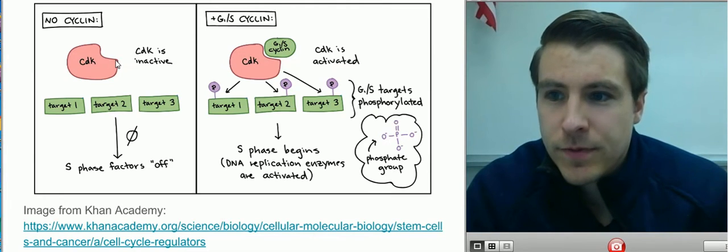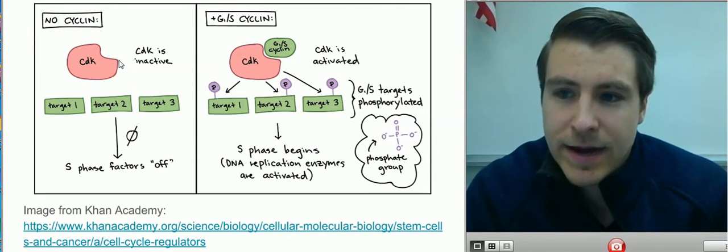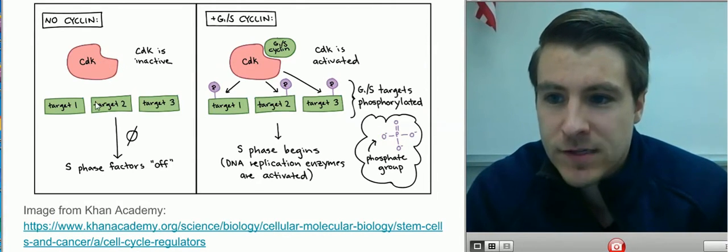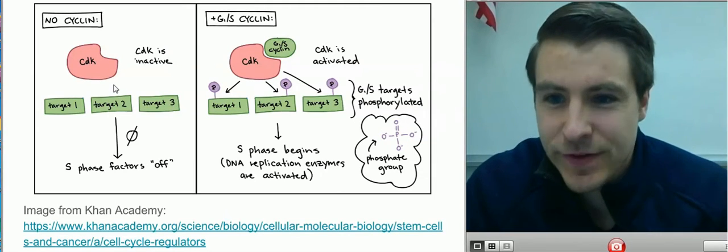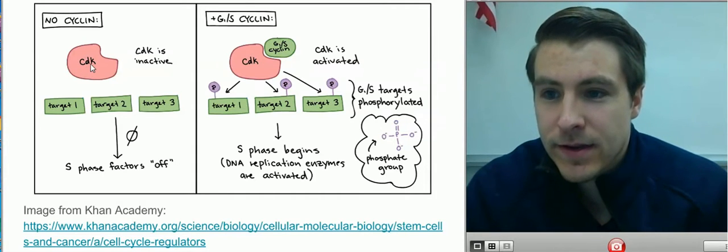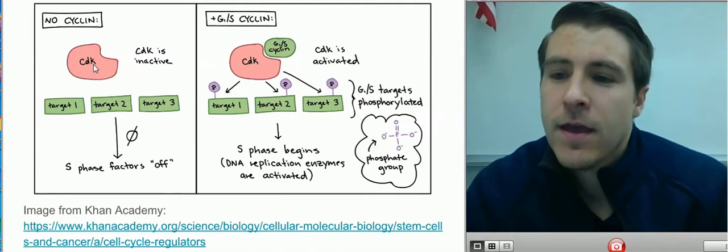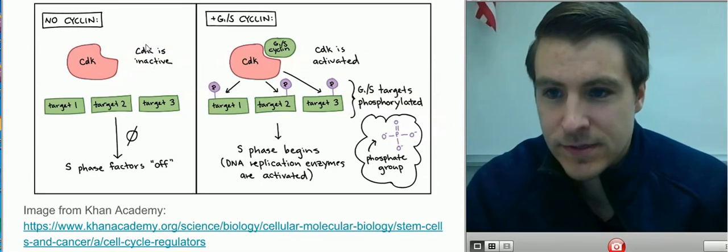Well, there is something called a CDK, and it's a cyclin-dependent kinase. Its job is to go and phosphorylate things, and when it phosphorylates things, it activates them, turns the switch on. Well, as the name suggests, it is in fact cyclin dependent, which means that if a cyclin, the correct cyclin, is not present, then this particular CDK is actually inactive, as it is shown here.